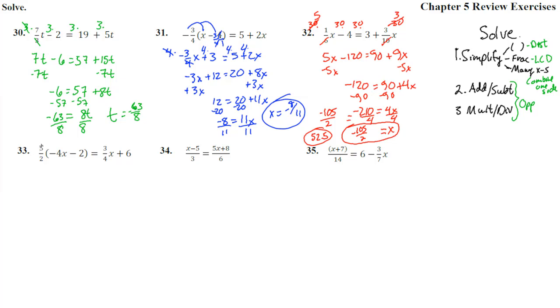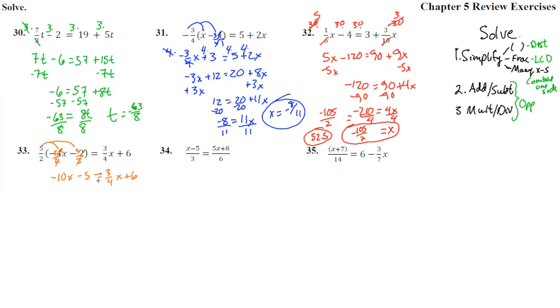Do we have any parentheses? Yes, let's jump that in, and we get, let me see, 5 halves times 4, that cancels, so we get 10, negative 10x minus 5 halves times 2, the 2's cancel, and we get just a 5 equals 3/4 x plus 6.